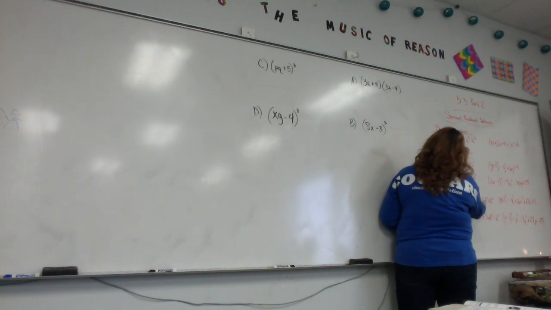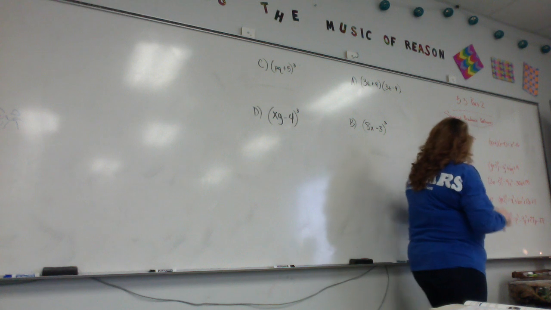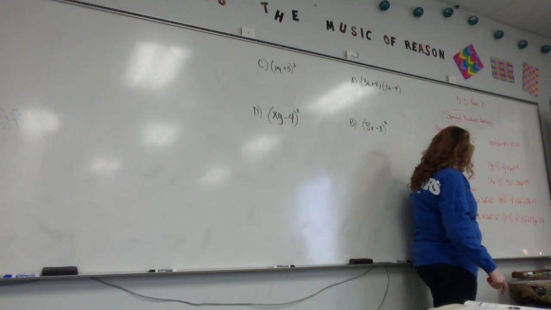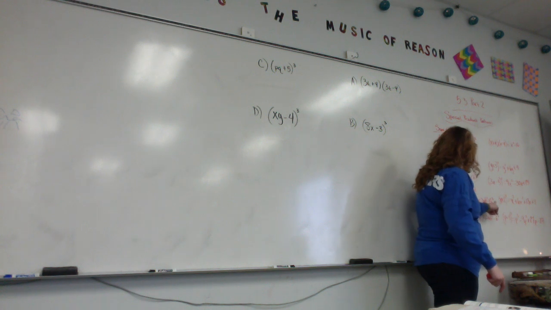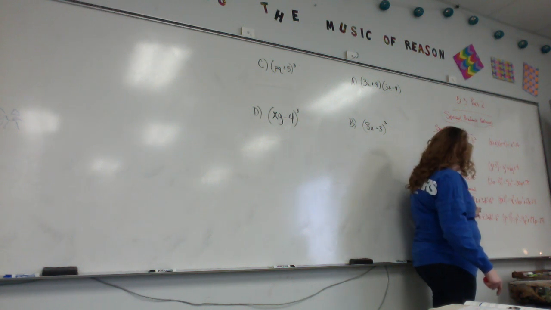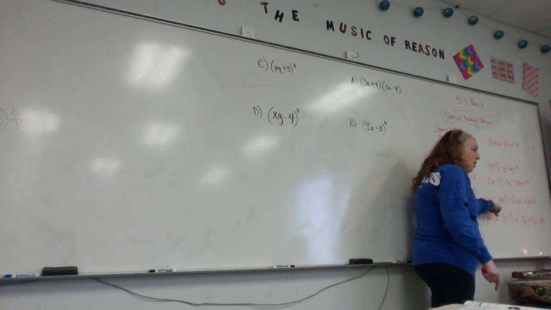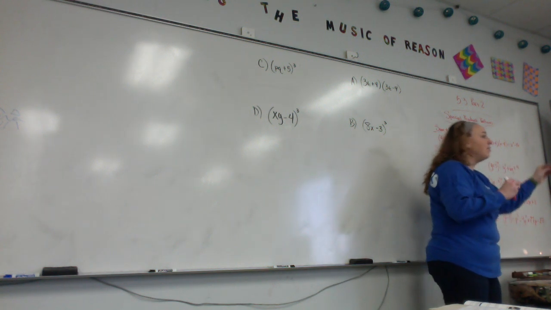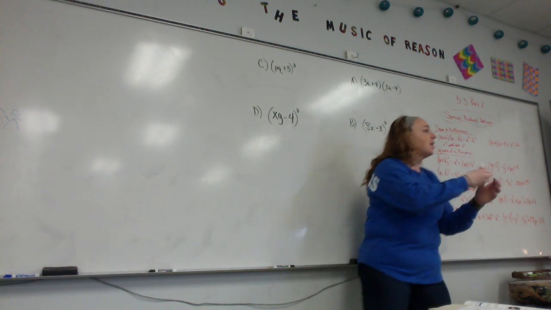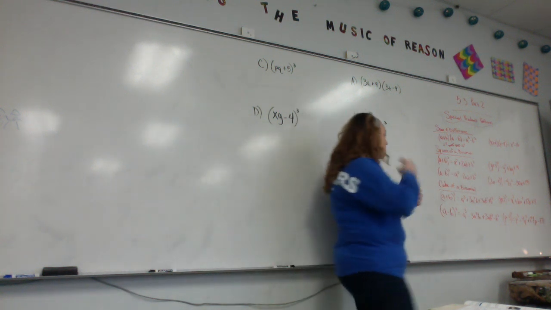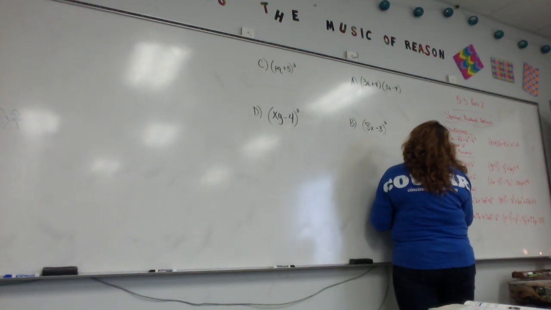What power is b actually to? Yeah, the first. So what happens is my powers, these ones that I start with, count down 3, 2, 1, none. And these ones count up 0, 1, 2, 3. Okay, so my powers count down for the leading coefficient and up for the other coefficient. So A will always count down and B will always count up.